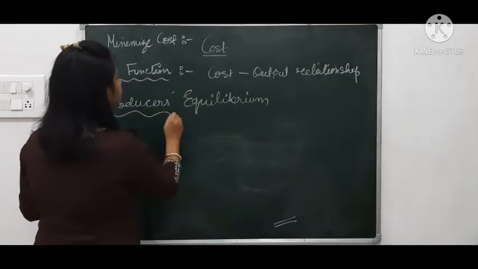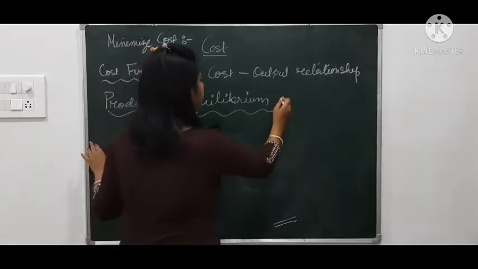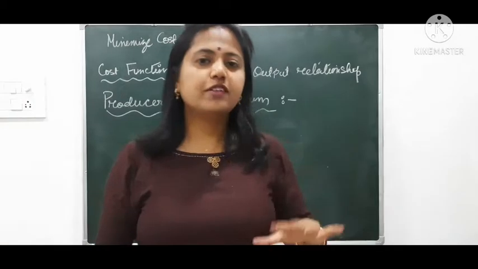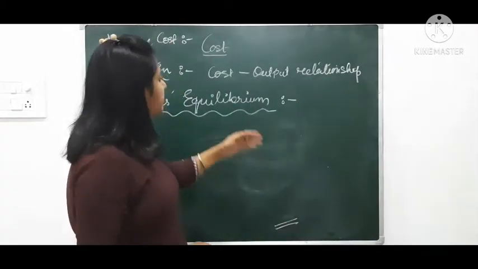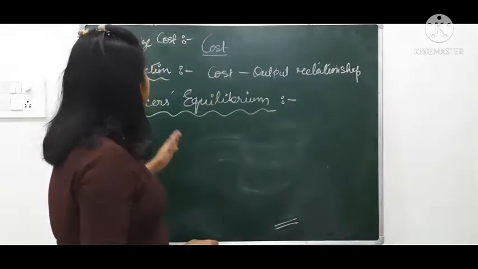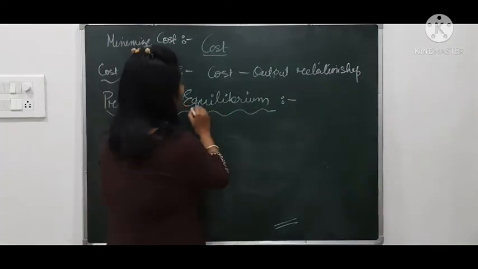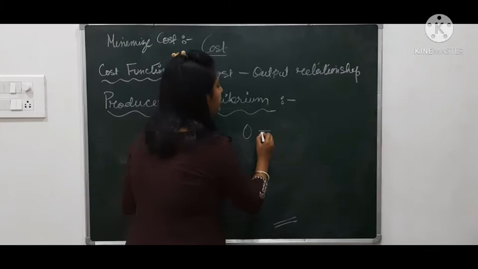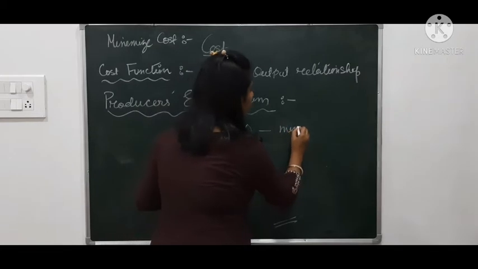We will see it later, but for the time being, try to know that the producer will be at equilibrium when he is able to produce the output at the minimal cost.